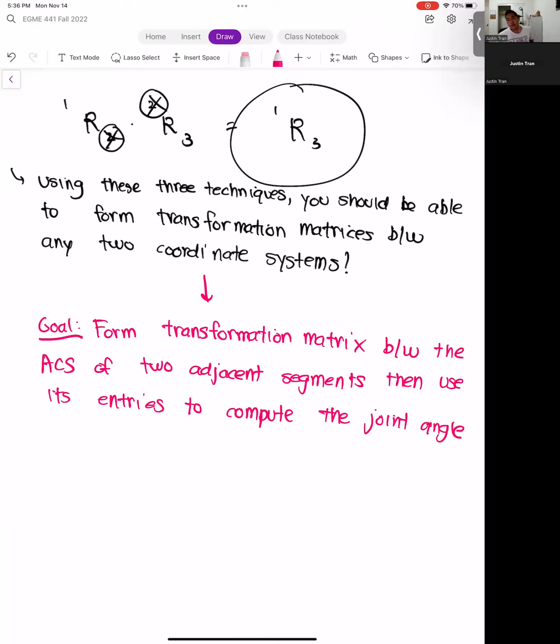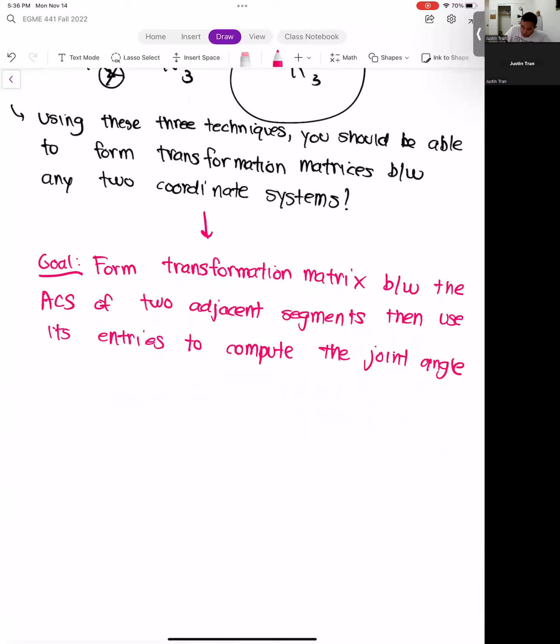I think in the example we did in class, the challenge problem that we did in the homework, what you're looking for is the transformation matrix R between the ACS of the upper arm and the ACS of the lower arm.